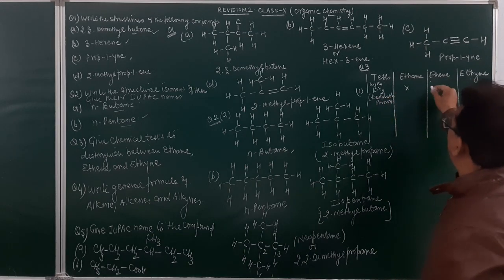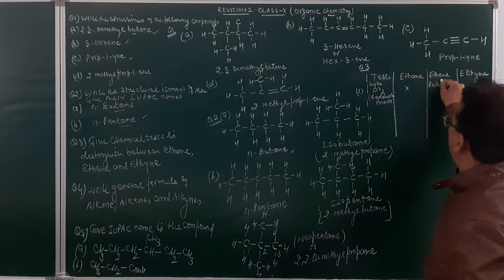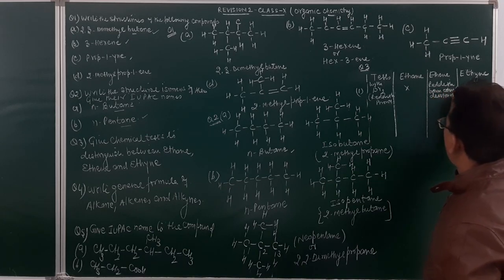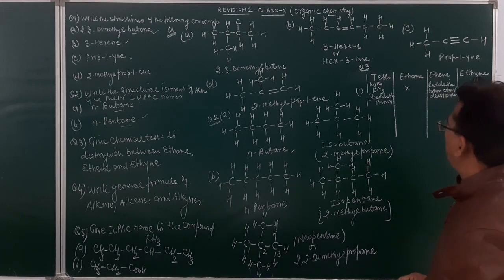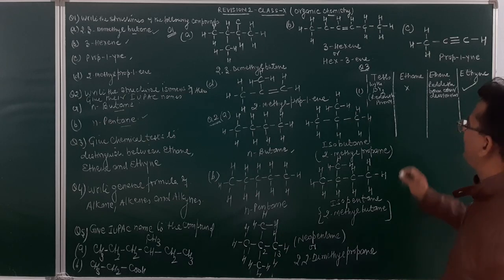What do you observe for ethene? The reddish brown color gets decolorized. Am I clear? Here again the same observation will be made: the reddish brown color will be decolorized.